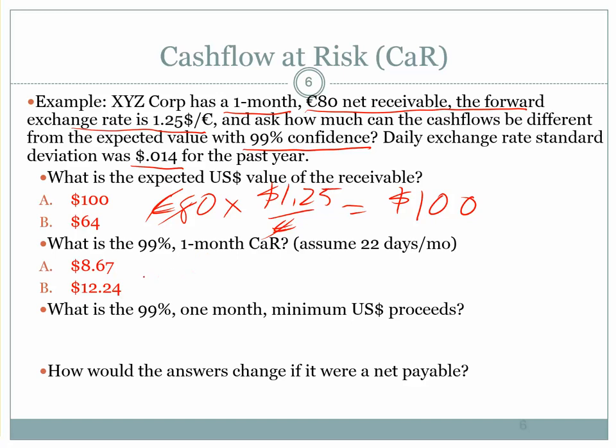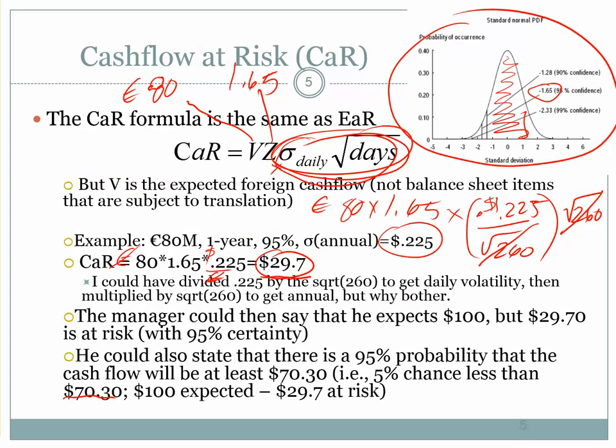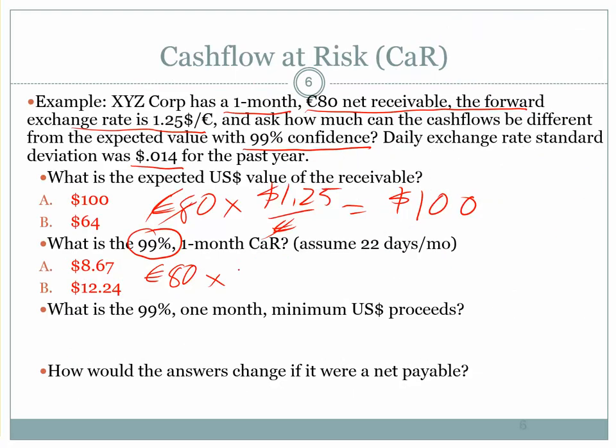Well, we'll just do the cash flow at risk formula. I'll take my V, 80 euros. Since I'm looking for a 99% confidence interval, going back, I can see that's associated with a 2.33 standard deviation, times my daily standard deviation, since I was quoted daily numbers here.